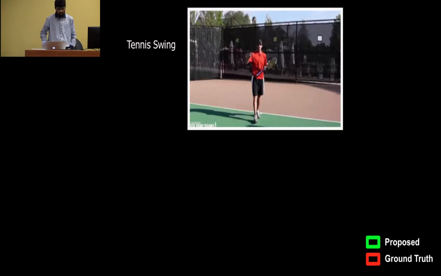Here I'm going to show you the tennis swing video. Since it's an untrimmed video, the person is not performing the action over the whole video. In the start he teaches how to perform an action, and then he performs the action, which is a tennis swing, multiple times, and we are able to localize the action when it is being performed, multiple times as well.